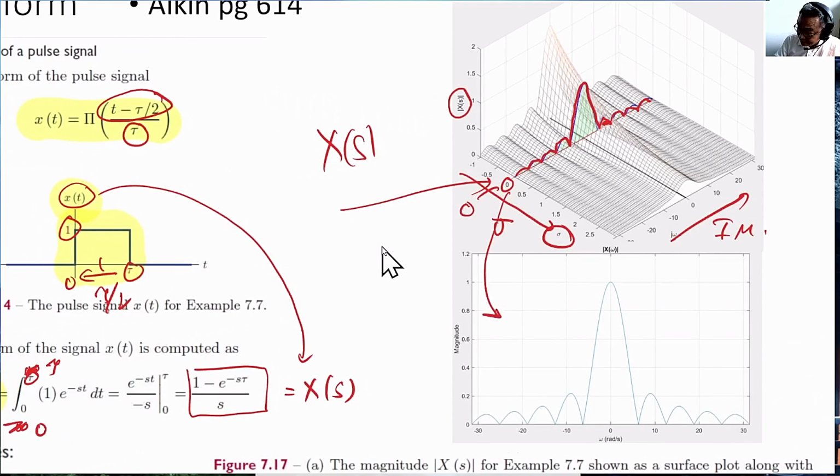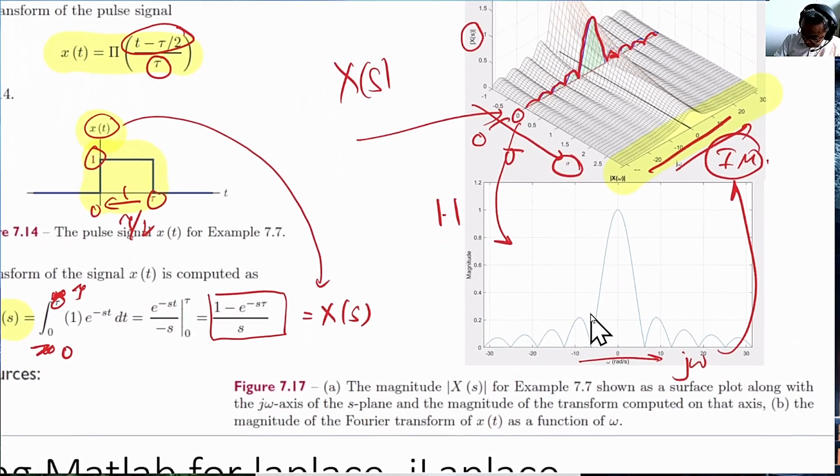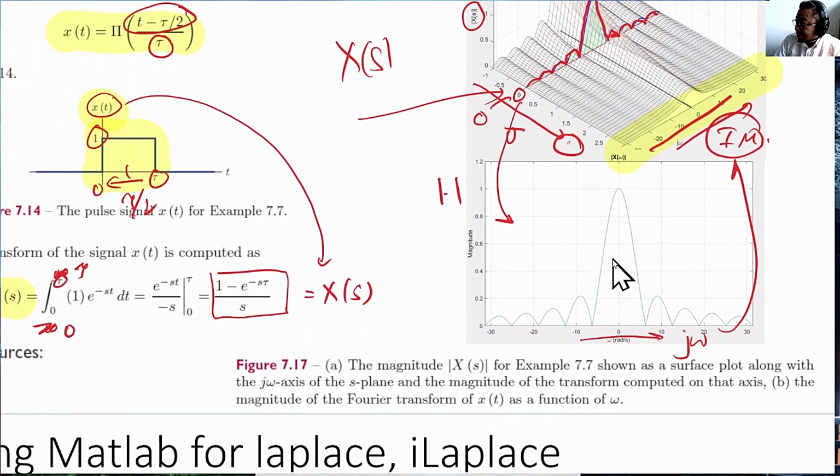In fact, it is exactly the magnitude of the sinc function. Along here, which is omega, is actually along the imaginary axis of s. So this figure and this figure are identical, because the bottom figure can be extracted from the top figure. The bottom figure is the Fourier transform of x of t.